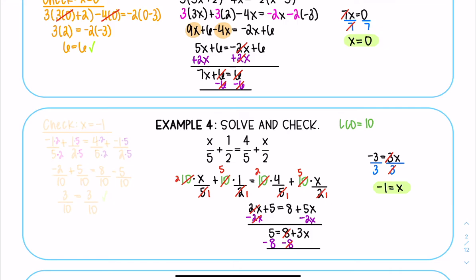So we can go ahead and check this. Let's check it in the original.